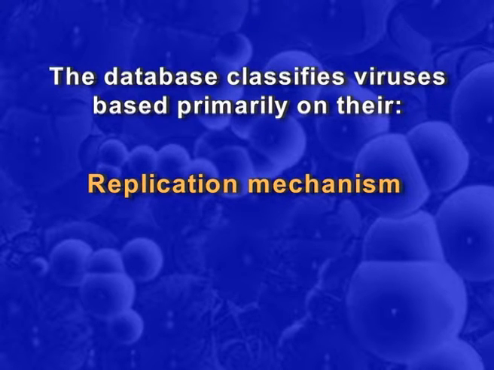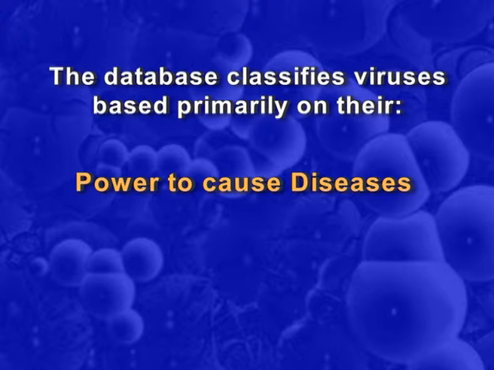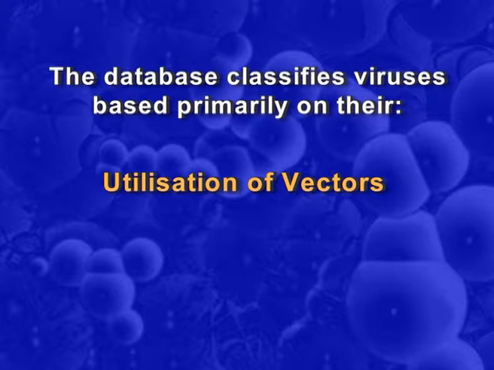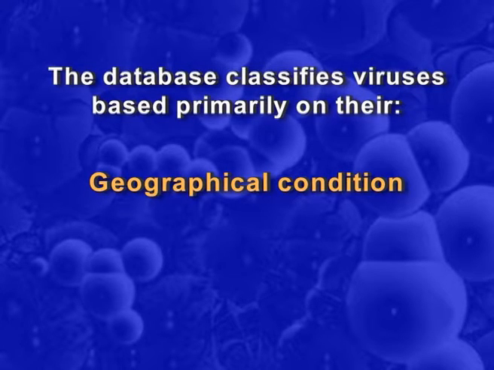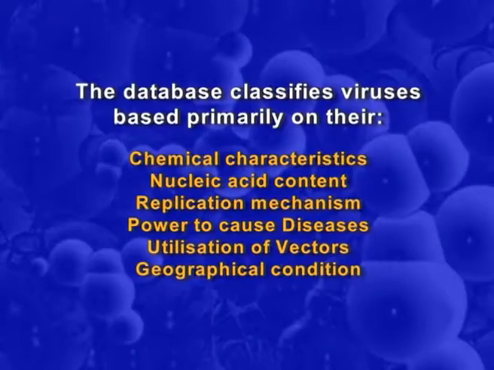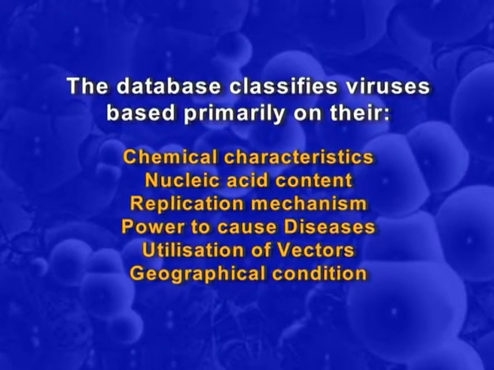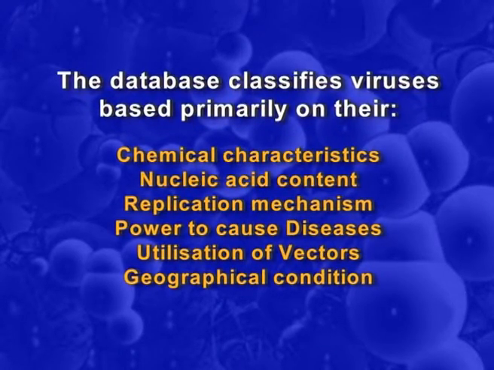The fourth point was the diseases that the viruses can cause. The fifth point was the vectors that are being utilized by the viruses for the mode of their communication. And finally, they have also taken into account the geographical conditions wherefrom they have isolated the virus. So it was a very scientific approach wherein all these 6 criteria were taken into account for the classification of viruses.